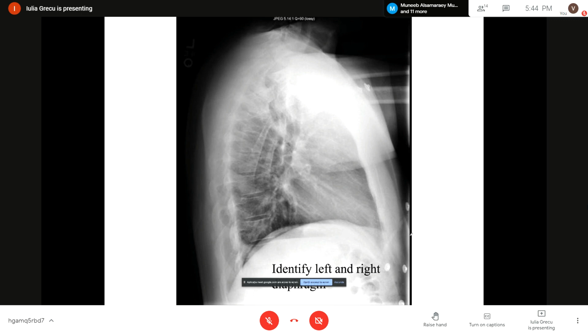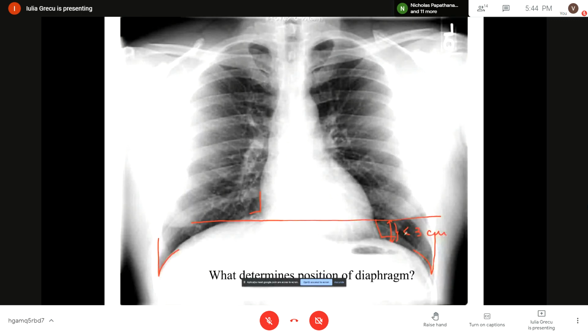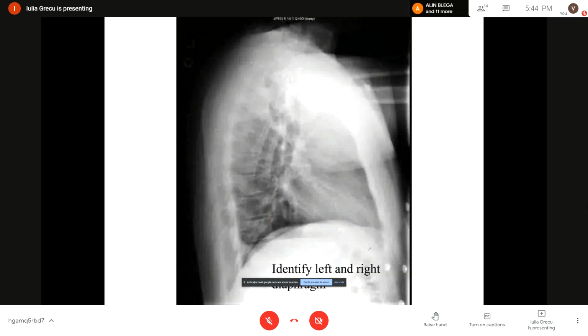It will be relatively easy if you keep in mind the things that I already mentioned, and that is that the left diaphragm always has the gastric air chamber underneath. So if we move along to the lateral view, we will immediately identify that here is the gas chamber of the stomach.